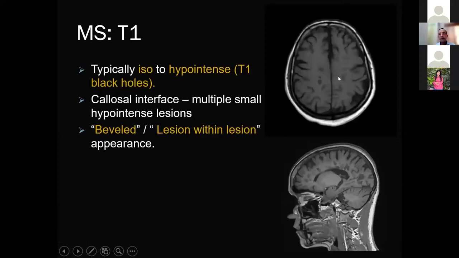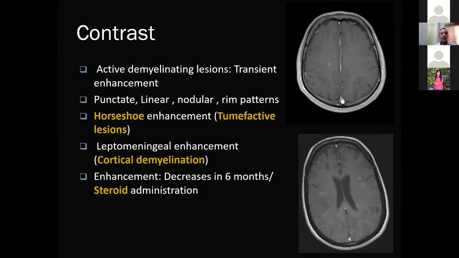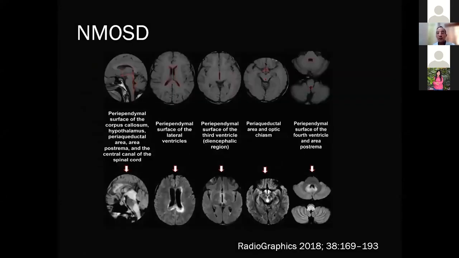On T1 weighted images, these are usually hypointense with beveled appearance, that is the lesion within a lesion appearance, and these help in discriminating from the other causes of focal white matter hyperintensity. The pattern of the enhancement in demyelinating disorders varies, and many patterns of contrast enhancement may be seen.